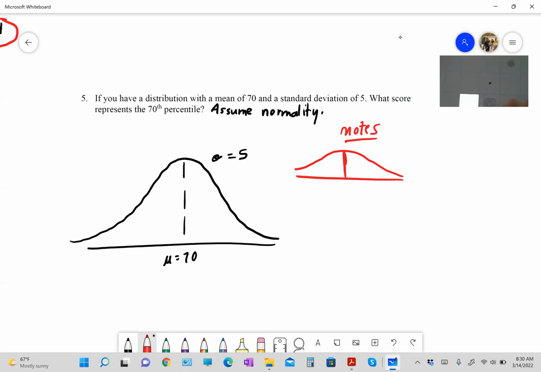Here in the middle we'll consider the 50th percentile, and we use P of 50 for it. The 10th percentile will look something like this.